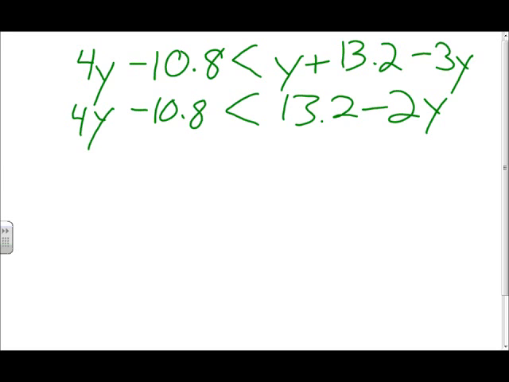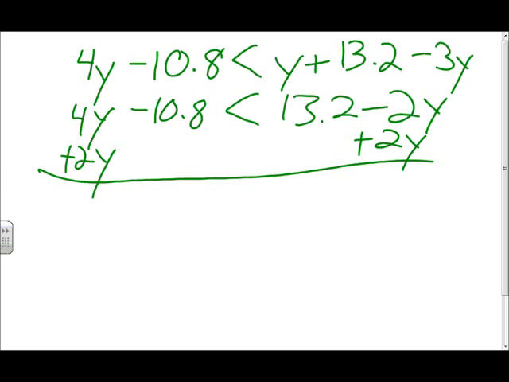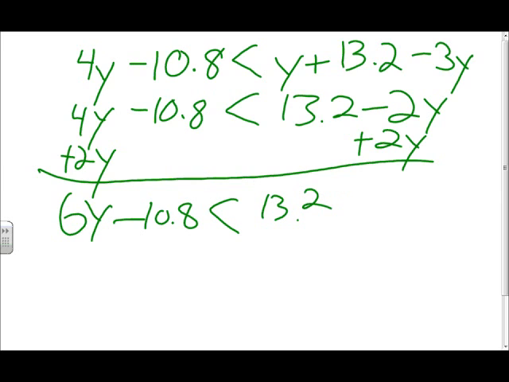And then you would have to move either the negative 2y or the 4y. I'm choosing to move the 2y by adding 2y to both sides. And then what you would do here is you would have 6y minus 10.8 is less than 13.2. So now what you would have to do is move the negative 10.8 to the side with the 13.2.